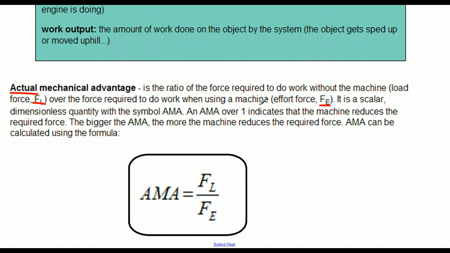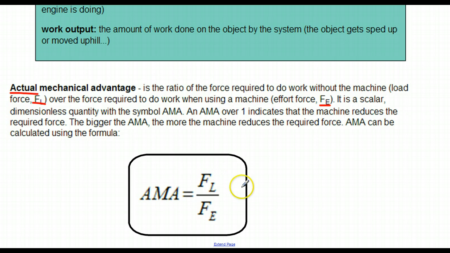hopefully helping us out. So it's a scalar quantity, and the symbol is AMA, for actual mechanical advantage. Anything over 1 indicates that the machine reduces the required force. The bigger the AMA, the more the machine reduces the required force. And AMA can be calculated this way.